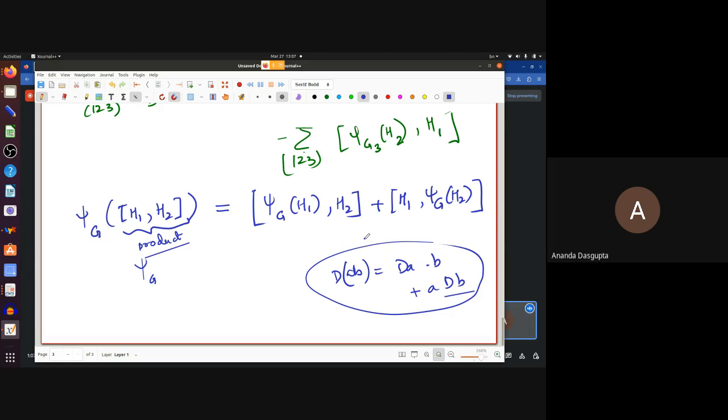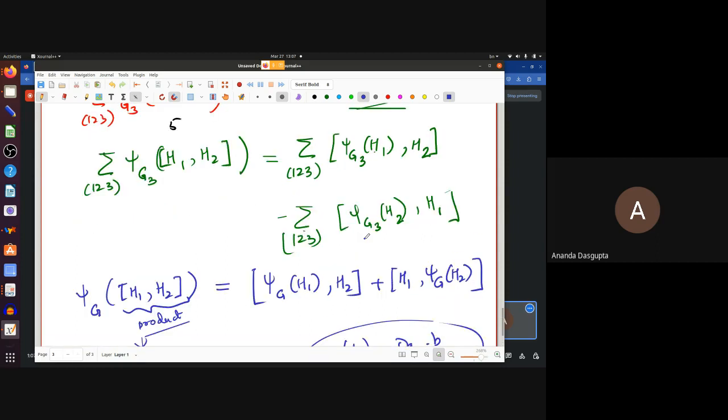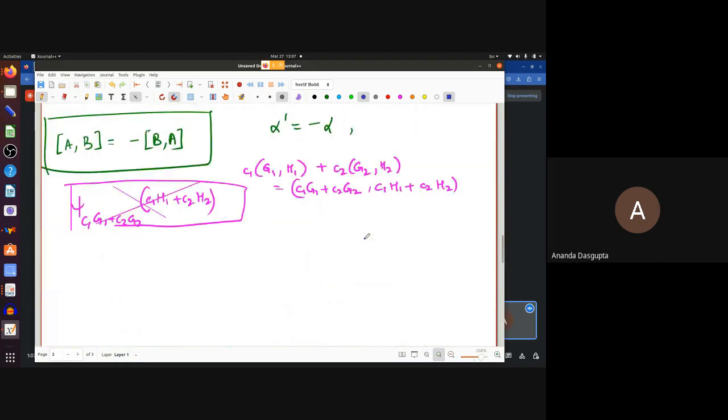But here at the end of this calculation, we have seen that in order that the semi-direct product be at all defined properly, that is, be a bracket, here what you have to have is this.